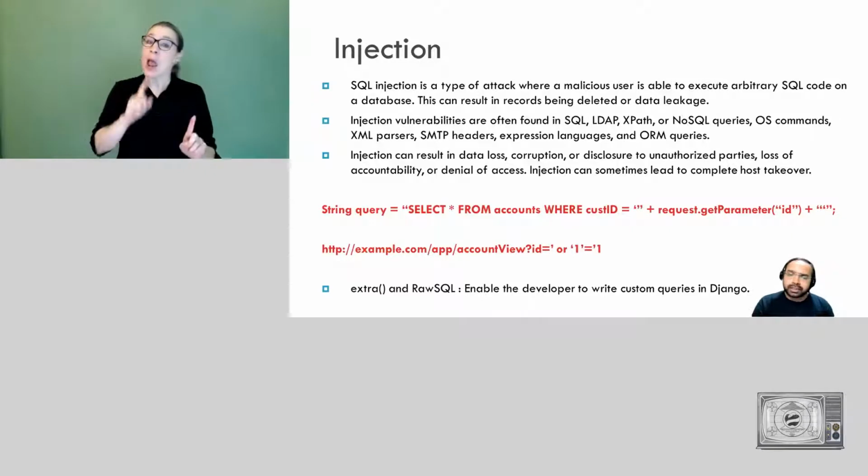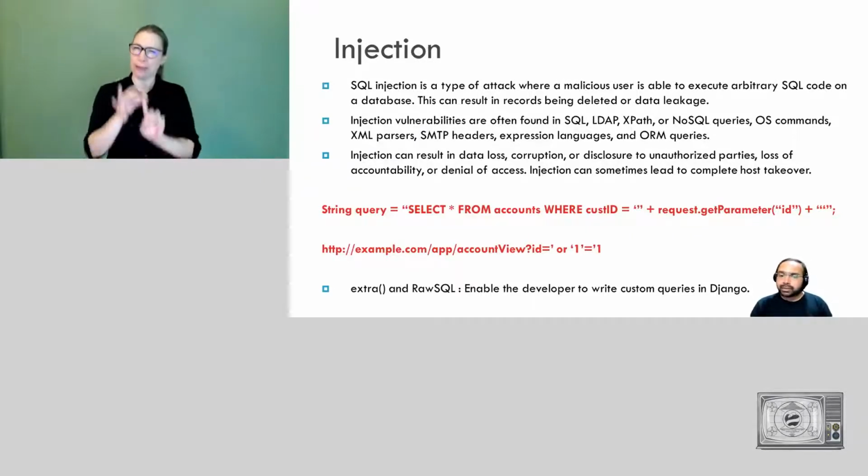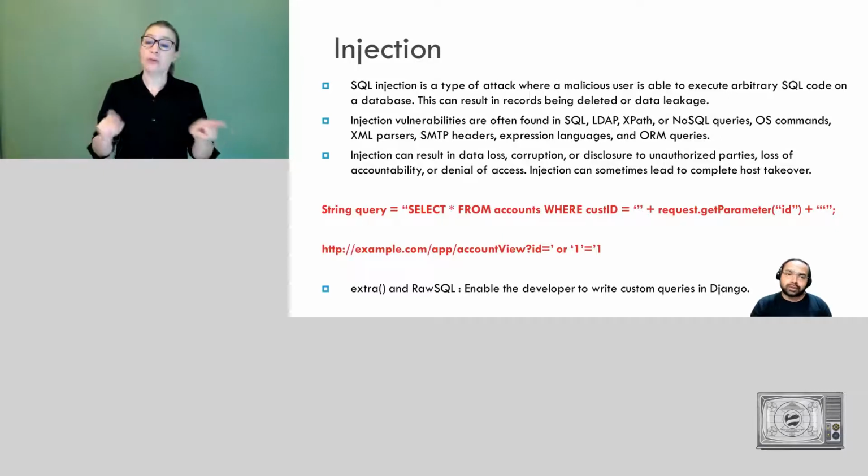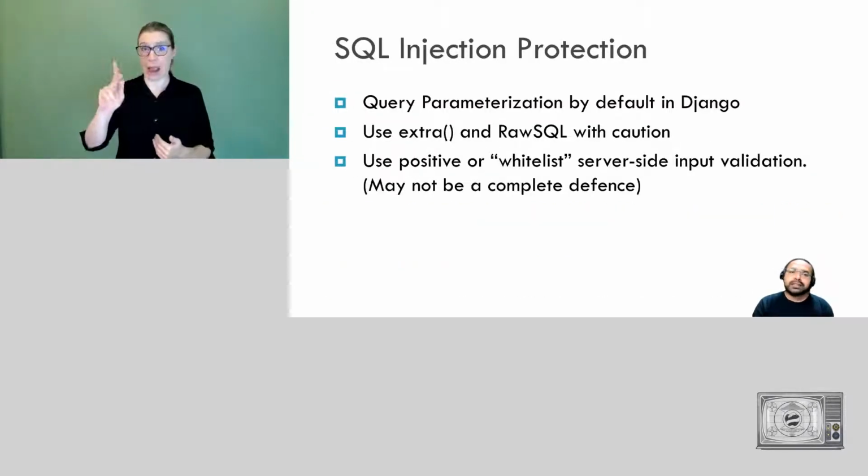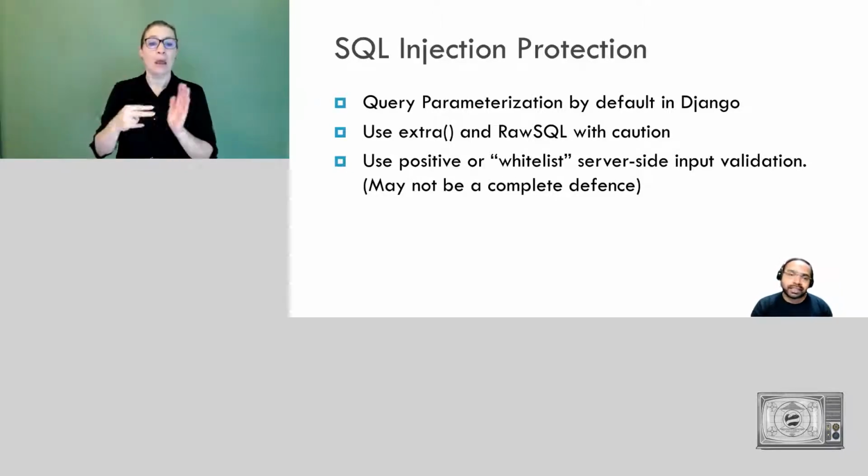Now there are two functions. One is extra and the second one is raw SQL, which enable the Django developer to write custom queries. So these are also a source of injection attack. Now the solution is to perform query parameterization, which is performed by default in Django.